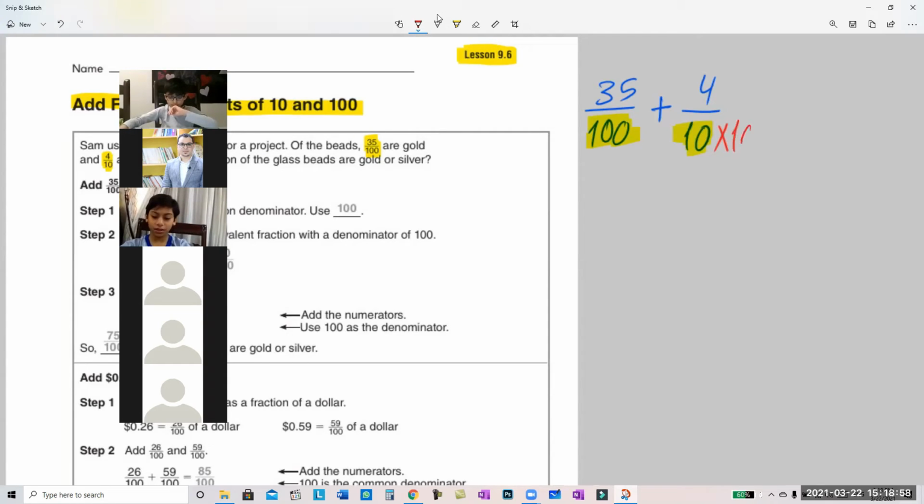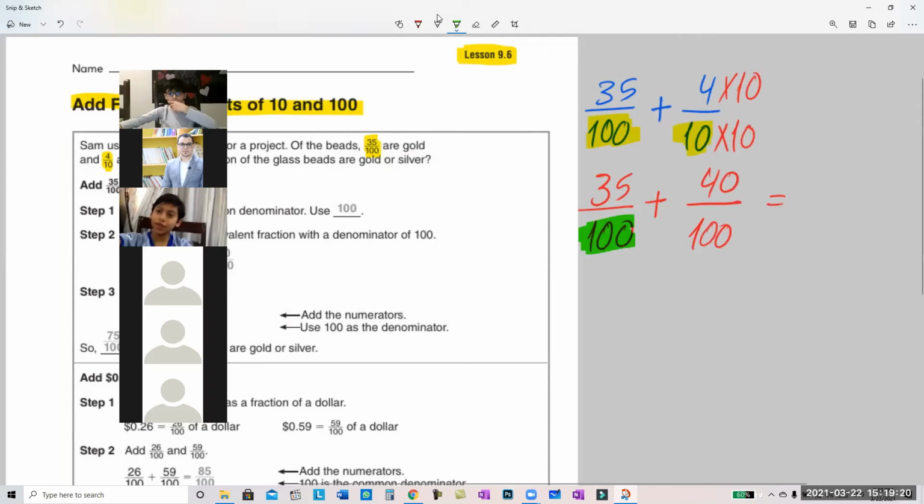So we multiply by 10 down and you have to do the same up. Put the first fraction the same, 35 over 100, and add. Now 4 multiplied by 10 equals 40, right? And 10 multiplied by 10 equals 100. Now we can add, because we have here 100 and 100, right?